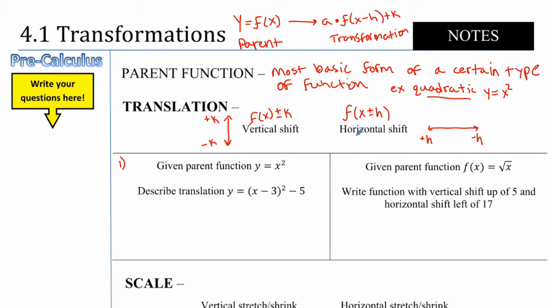Whatever's going on in parentheses is some change to whatever I'm plugging in, in other words, a change to the x value. So that's going to represent my horizontal shift. This is minus 3, so I'm going to be moving to the right. Minus 5 on the end is shifting my graph down 5. Let's take a look at the graph and just verify.